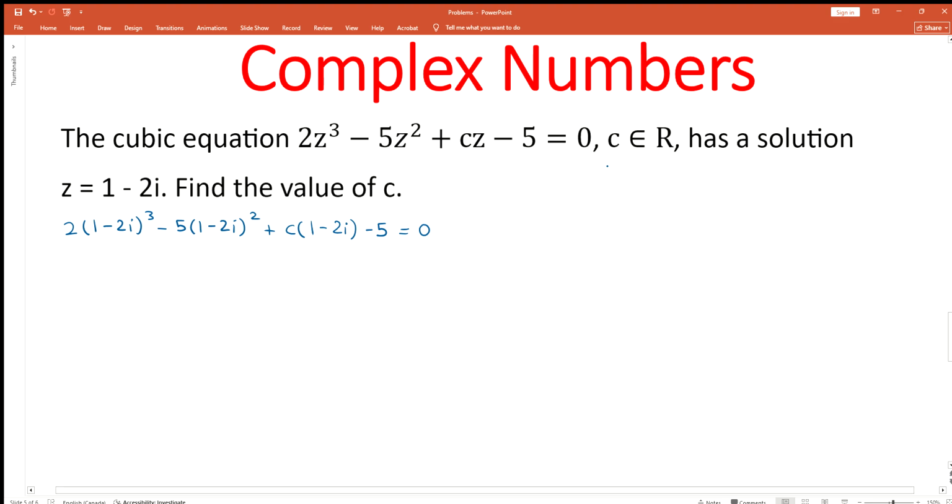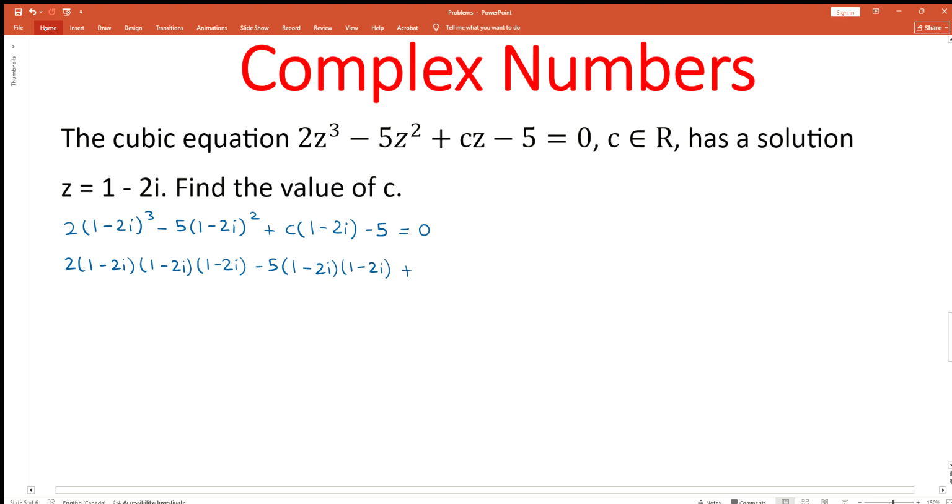The first step is to simplify the cube and the square terms. For the cube term, we should do (1 minus 2i) times (1 minus 2i) times (1 minus 2i). For the square term, we should do (1 minus 2i) times (1 minus 2i).